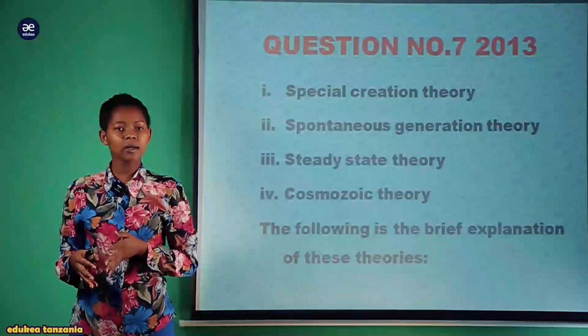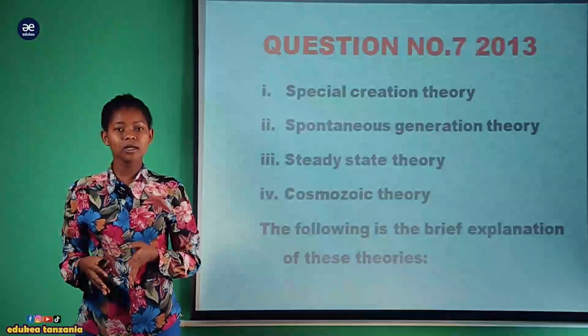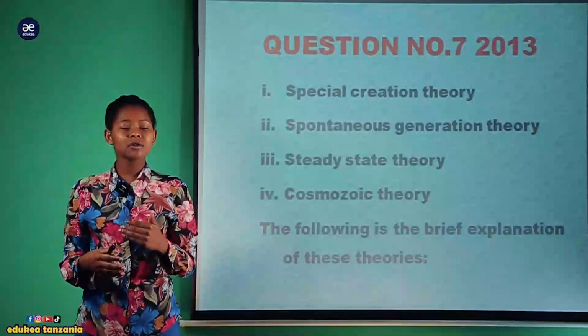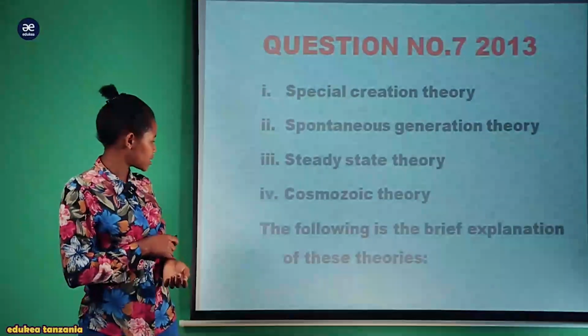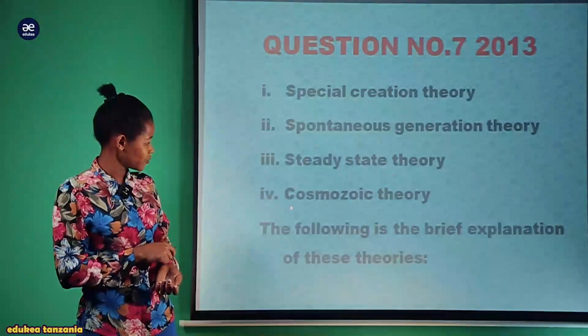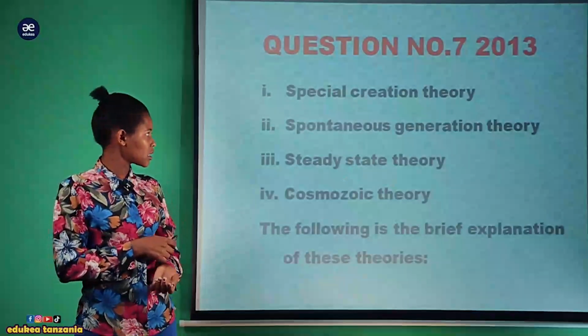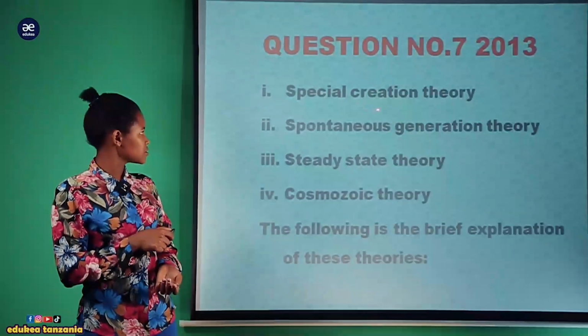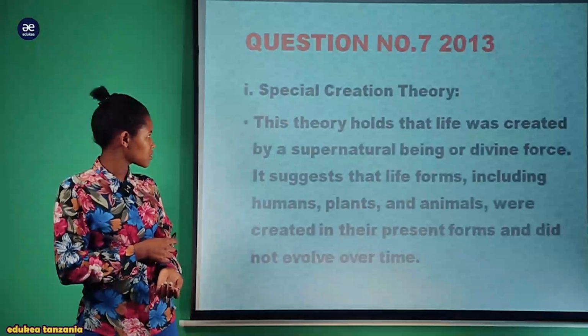Now you are going to the second part of your question, the explanation side. You have to explain one theory after another so that you will gain all marks allocated on this part. The following is the brief explanation of these theories, and we are going to start with the special creation theory, then we will continue with other theories.